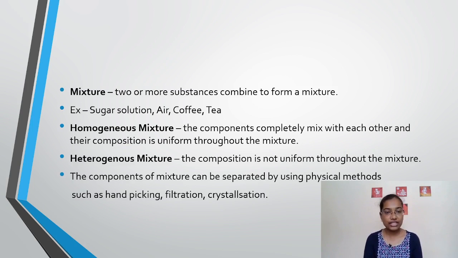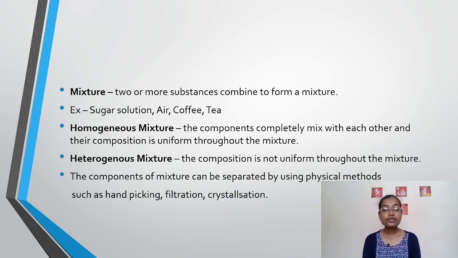Next one is heterogeneous mixture. It is also a mixture of two or more components, but here the composition is not uniform throughout the mixture. Here we can separate the components easily. Examples of heterogeneous mixtures are sand mixed with grains, or a mixture of two grains like wheat and rice.